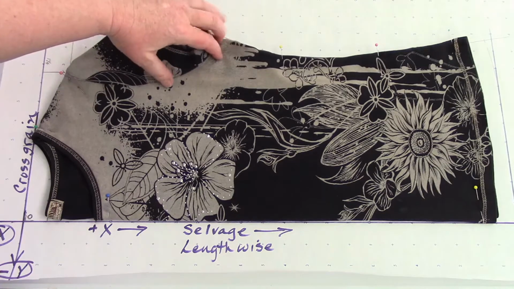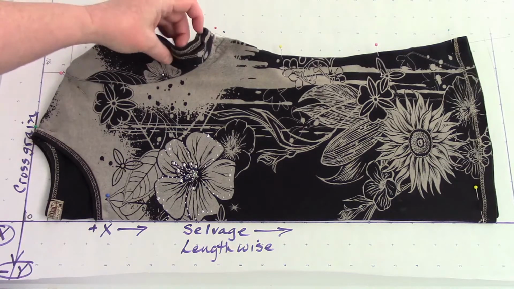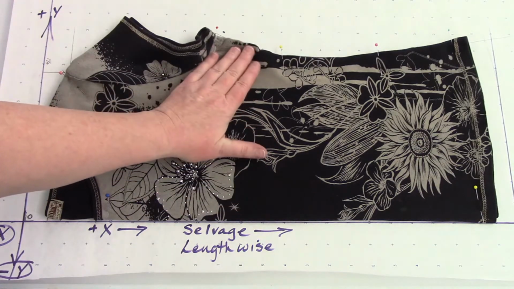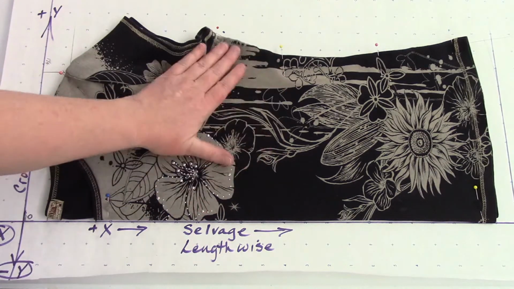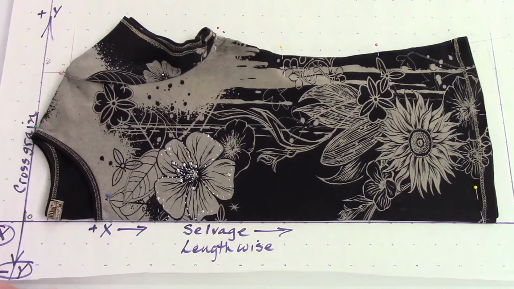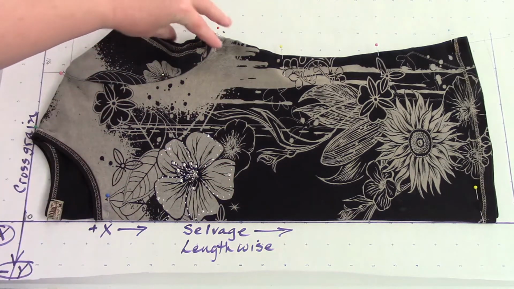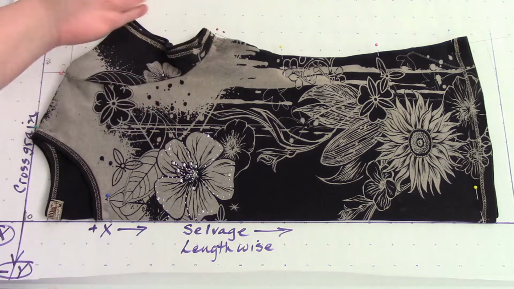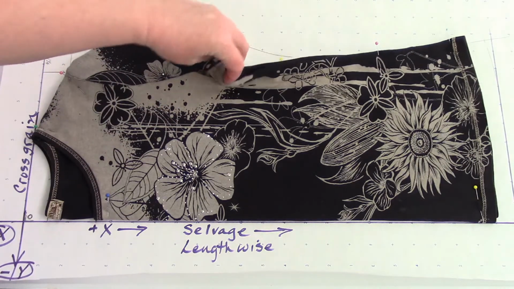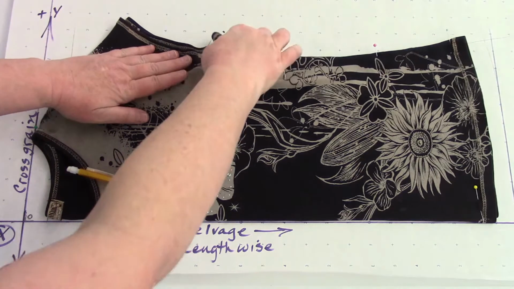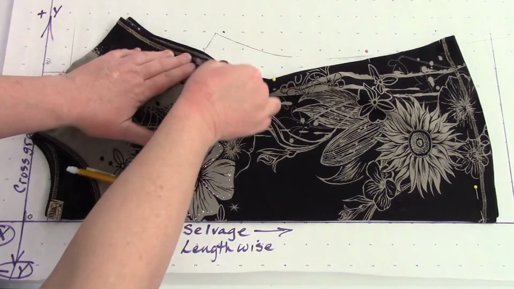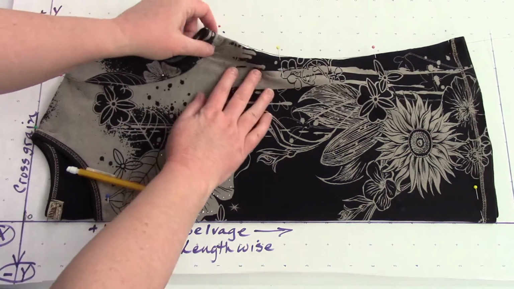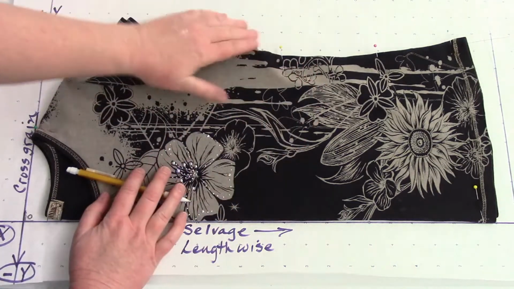Because the way I have it right now, I've forced the sleeve out of the way so that the body, the fabric, is laying exactly the way it would have been on the cut table when it was cut out. And the sleeve is pushed out of the way. And people often will just copy the sleeve in that position, and it doesn't work. You have to make sure that you move the body out of the way of the sleeve and have that grain aligned the way it was on the cut table too. So we'll come back to that.